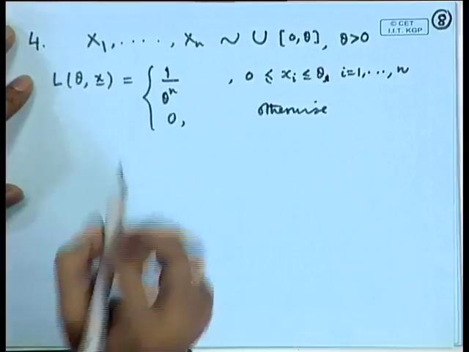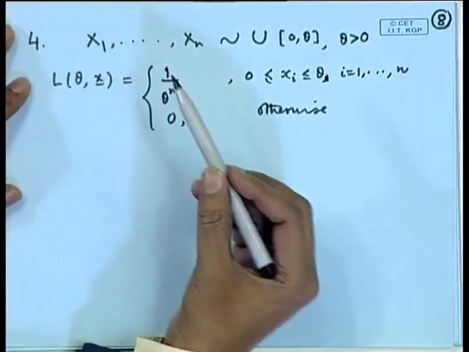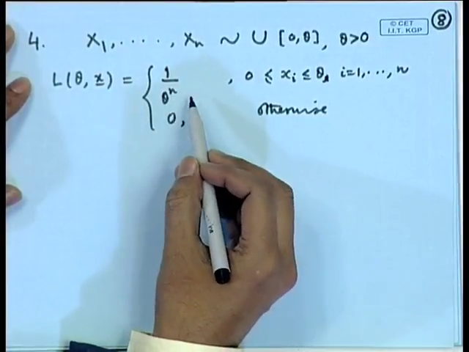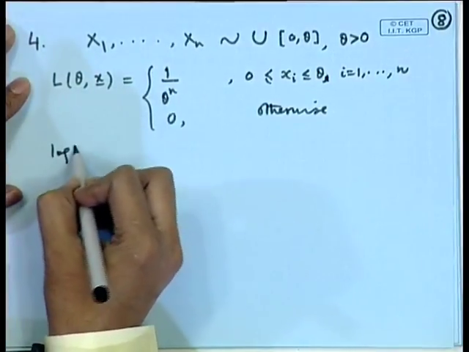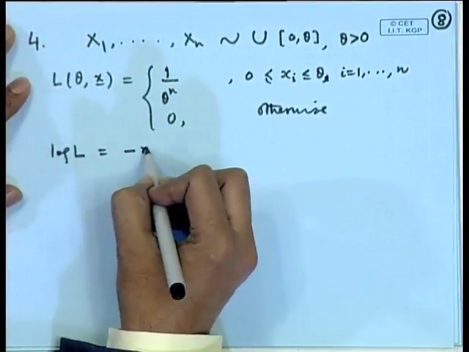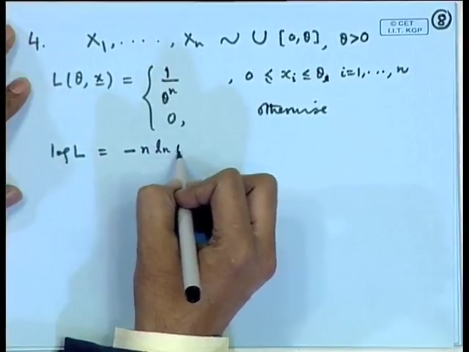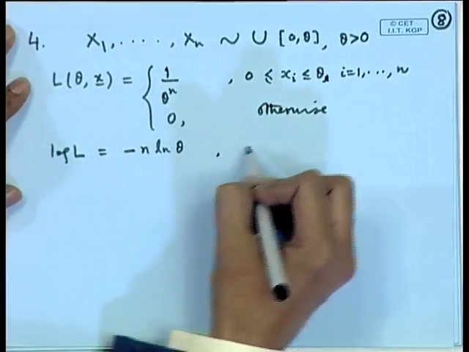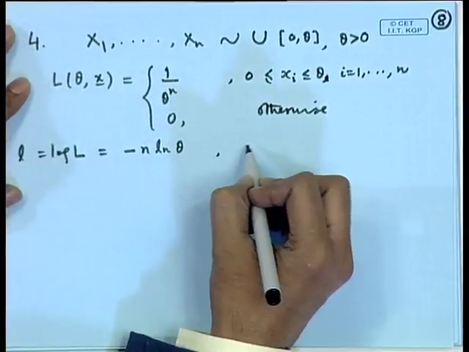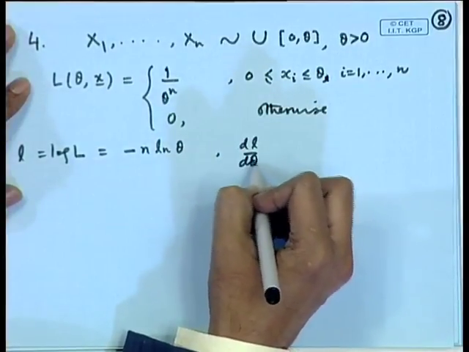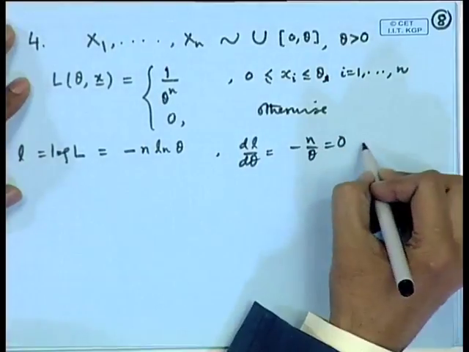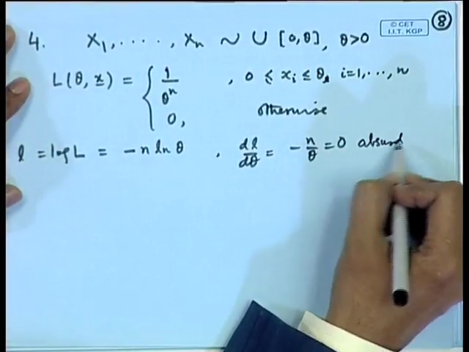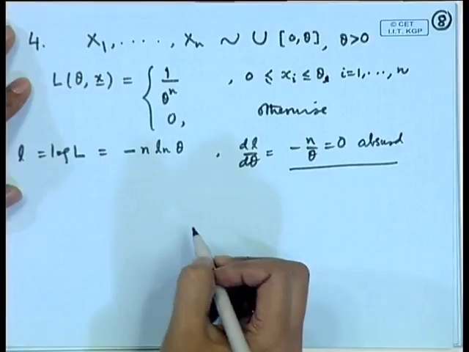Now, if we follow the previous procedure of taking logarithm and differentiating, what will I get? If I take log of L, that will give me minus n ln theta, and if I differentiate, let me call it a small l, dl by d theta will give me minus n by theta. If I put this equal to 0, this is actually absurd. Why is this happening?